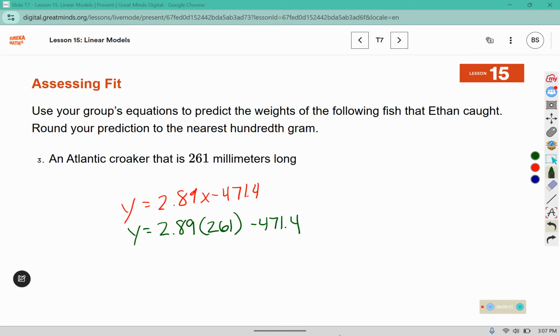We will multiply 261 by 2.89. Then subtract 471.4, and we get 282.89 as our weight in grams.